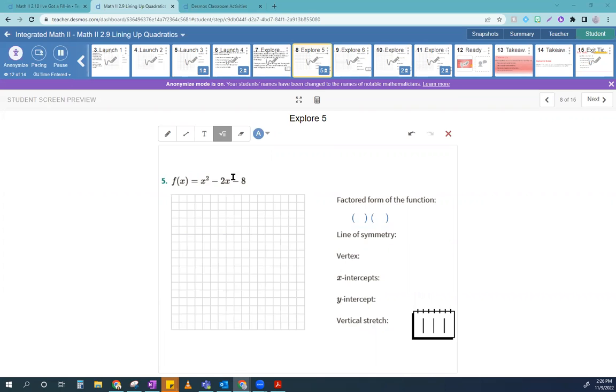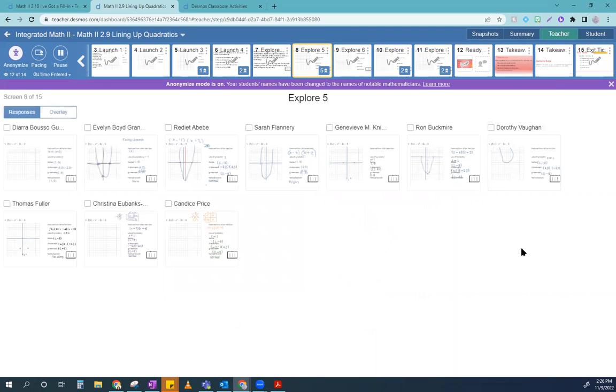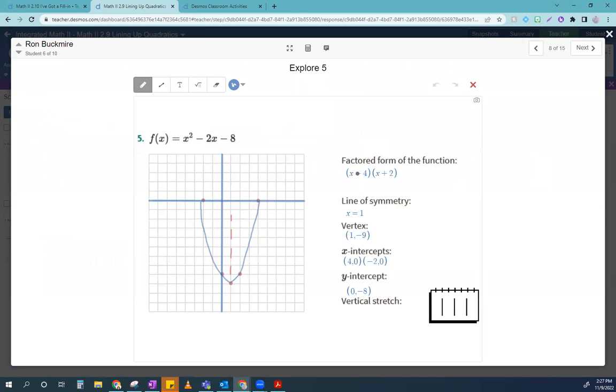Okay, so I already looked and a bunch of you already factored this. So I'm going to go peek through here and I see a bunch of people factoring stuff. Okay, so I'm just going to choose a random one right here. So this person here has it in factored form. Now, Ms. Johnson, how did they factor this? So this was what we've been going over for the last couple days in 2.8, where you use your X, right?